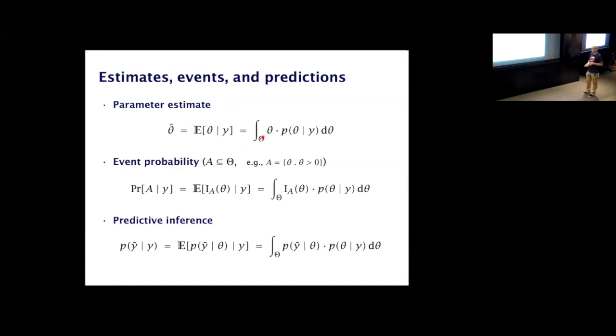And when we want to do event probabilities in Bayesian inference, all they are is the expectation of indicator functions. The indicator function is, are you in that event? So for instance, this might be, is theta 1 less than theta 2? And when we integrate that, we get the probability of a given event. So this is what we use to do predictive inference, right?